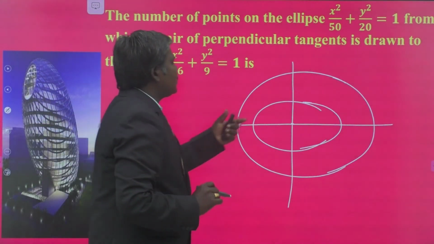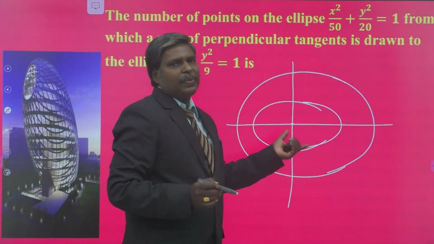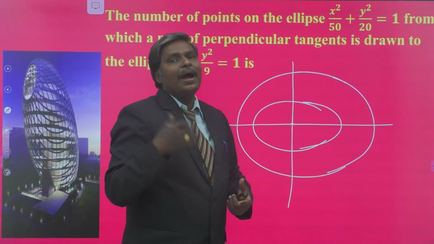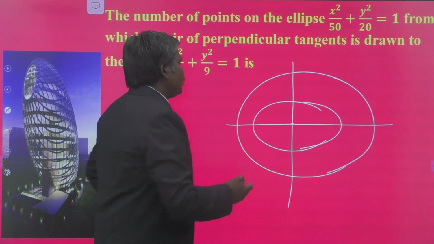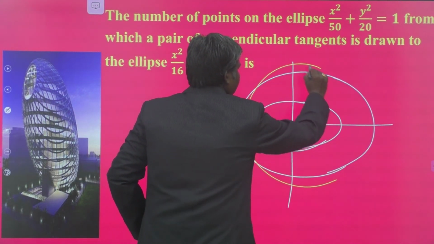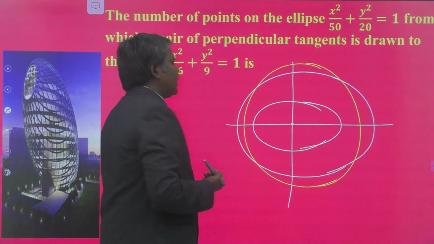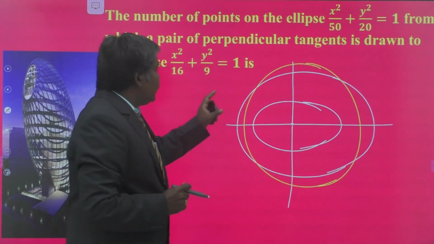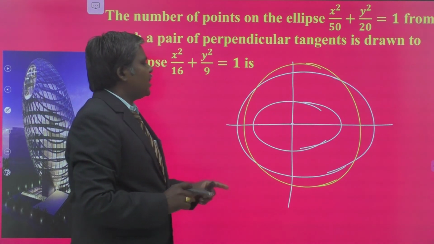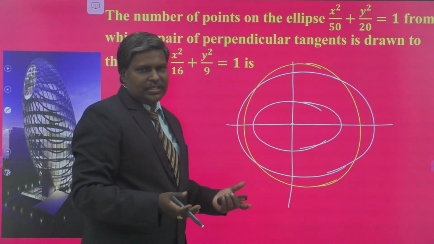The locus of the point of intersection of perpendicular tangents to any ellipse is its director circle. So if you draw the director circle of this ellipse, this is the director circle. If your director circle intersects the ellipse at 4 points, we have 4 points.